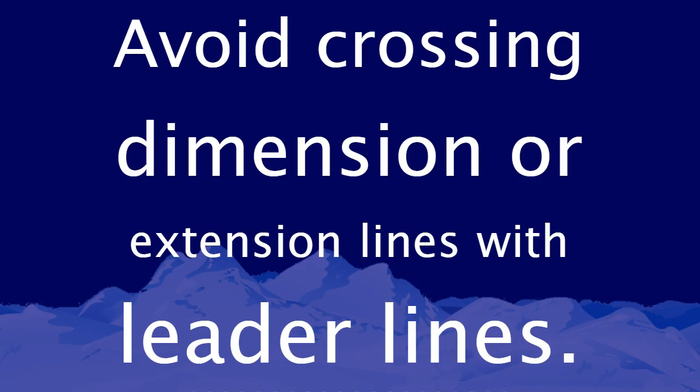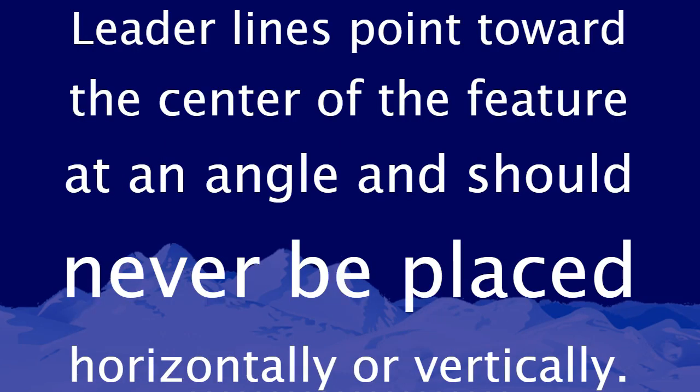When you do that, it becomes difficult to read the dimension number correctly. So the dimensions should not be cut through by other parts of the dimensioning process. Leader lines need to point toward the center, and they should not be vertical or horizontal. You always have those at an angle.